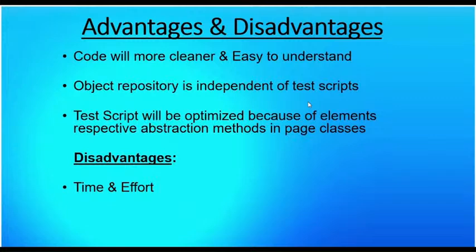So that will be quite time consuming. And the next disadvantage is that it is specific to the project. Suppose I have implemented the page object model concept in one project, I can't use the same code in another project. So that's the second disadvantage.